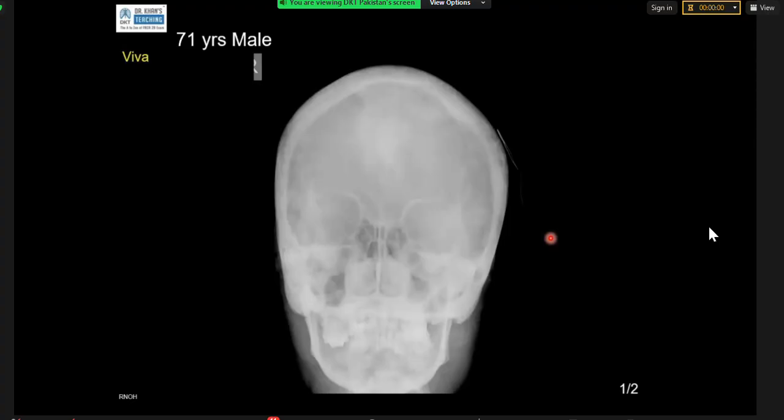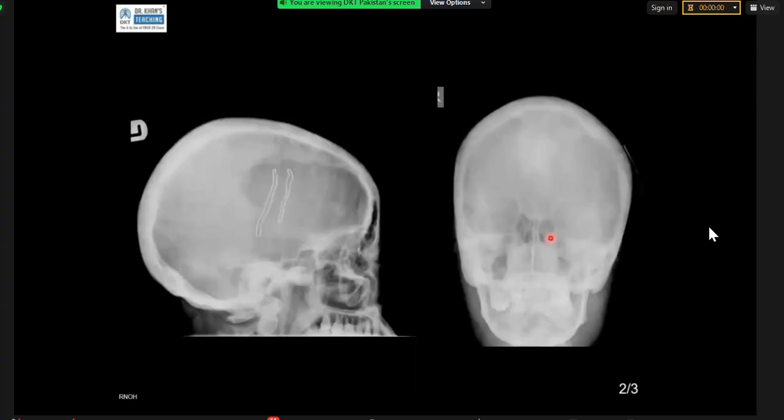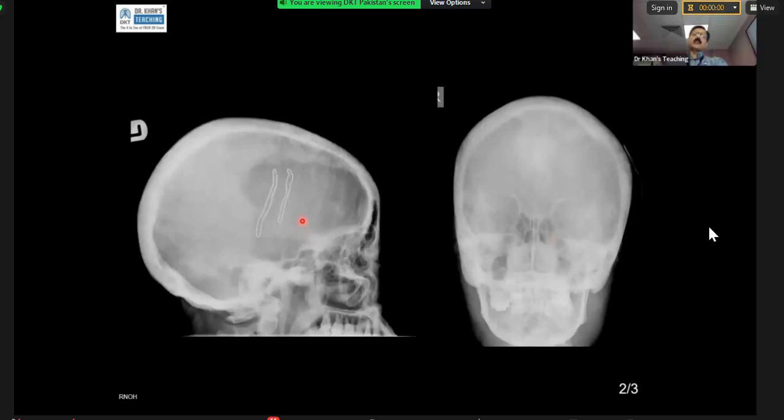In my routine practice, I would also check the lateral view for this patient if available. Yeah, in this lateral skull radiograph, I can see a well-demarcated area of lucency in the frontal aspect of this skull. I can see that there are two metallic-like structures. Yeah, don't worry about it. That was a bandage applied.